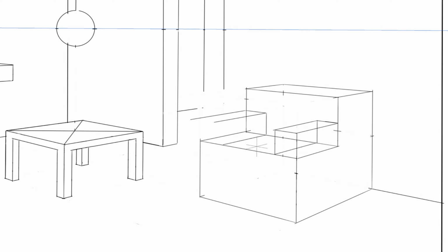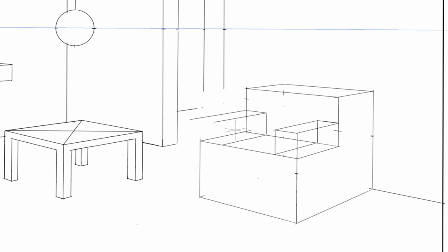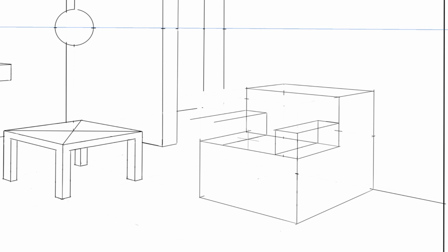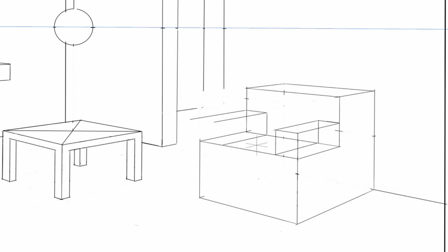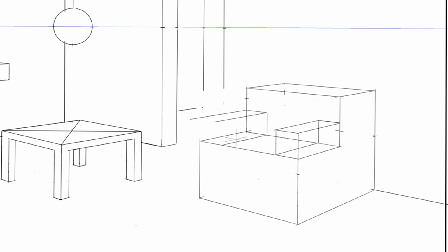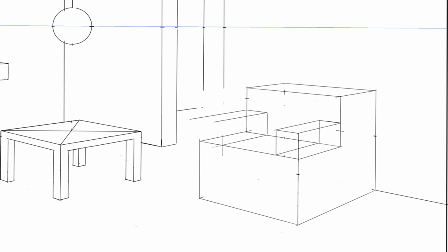This is the horizontal plane, the seat of the chair. This is a vertical plane, which is the arm of the chair, right? So if you don't put that line right in there, you're not going to have a differentiation between the horizontal plane of the seat of the chair and the vertical plane of the side of the right arm of the chair, okay? Now from where that hits that, we go straight up.